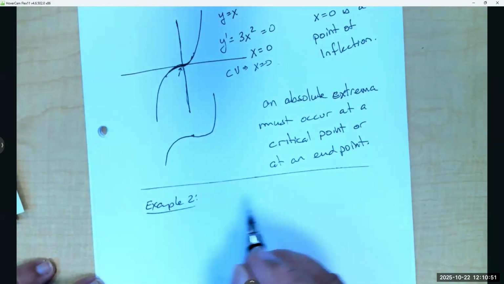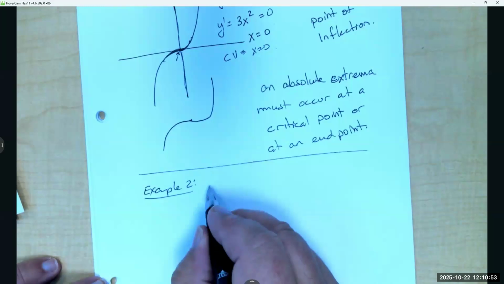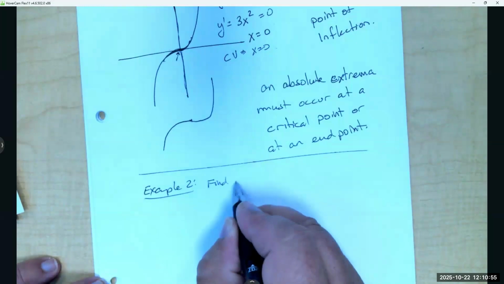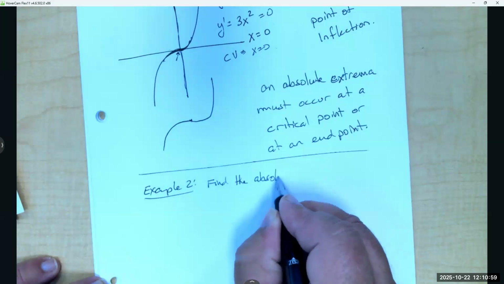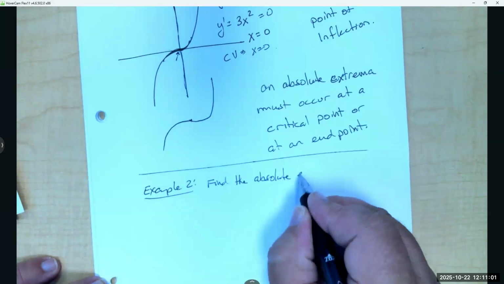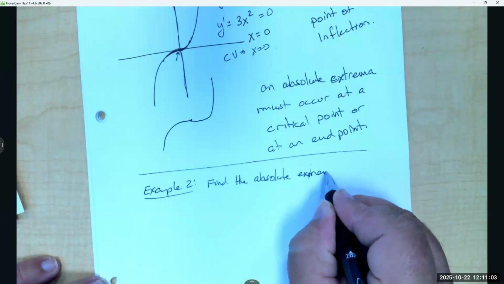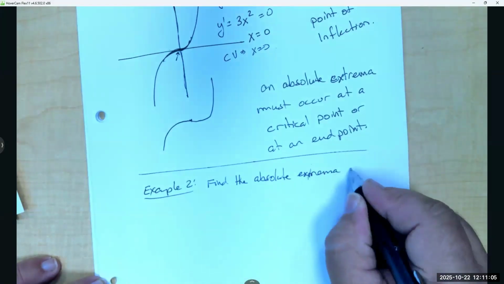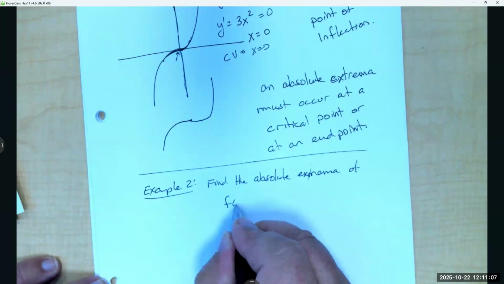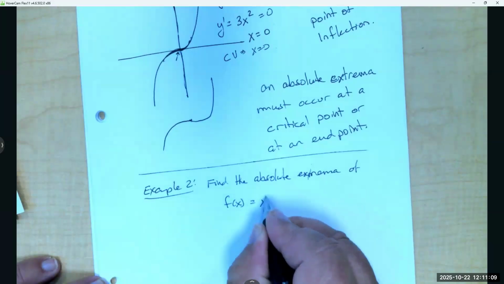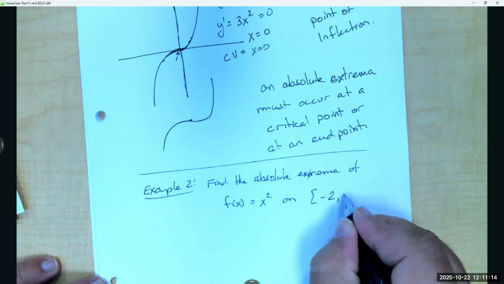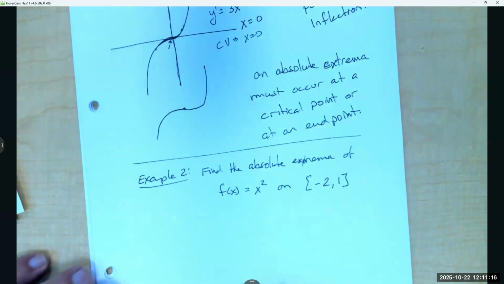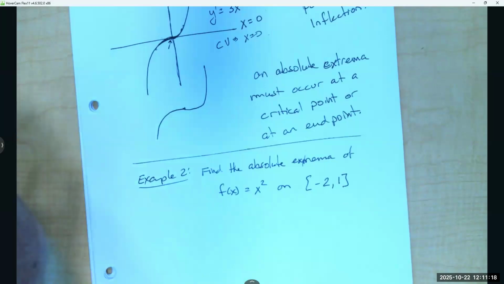Example 2. Find the absolute extrema of f of x equals x squared on the interval -2, 1. Okay, good.